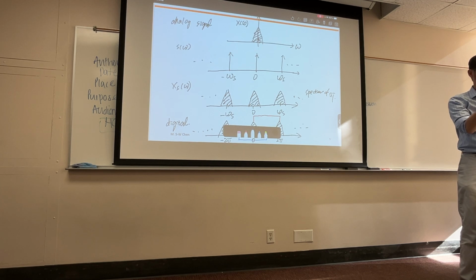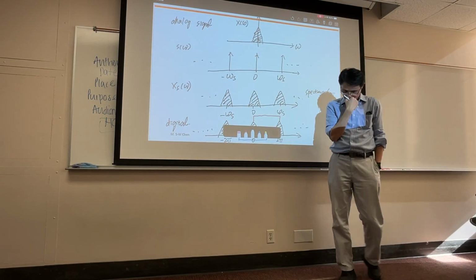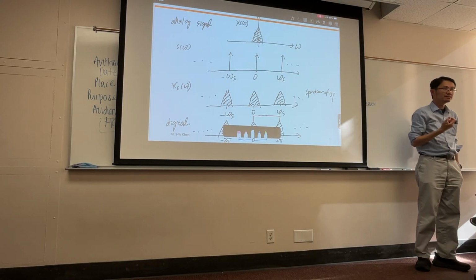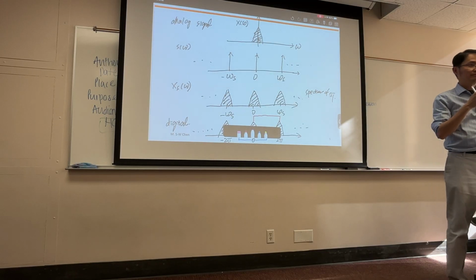Pi, 2 pi, 4 pi, 6 pi, 7 pi. The new sample rate. Okay. It depends on how you're seeing the time domain.